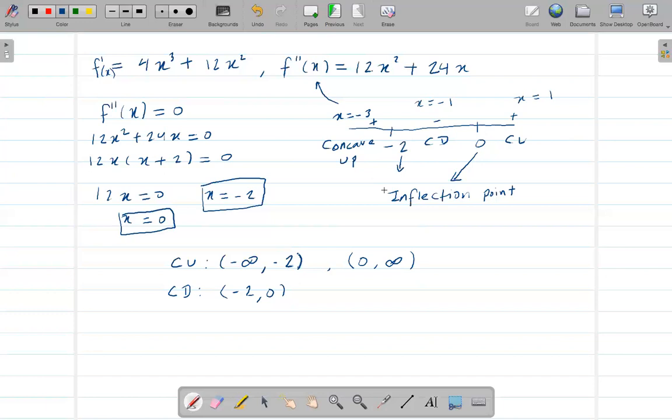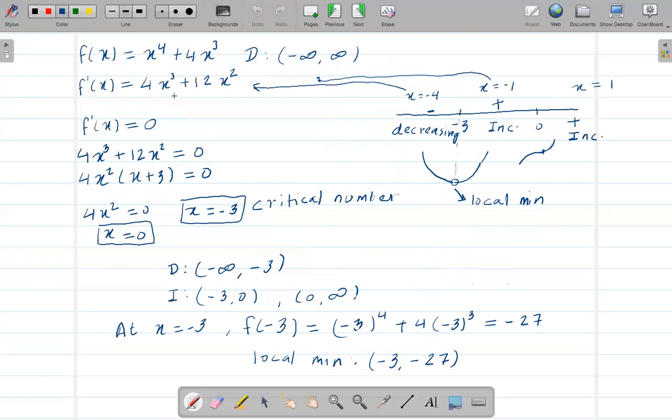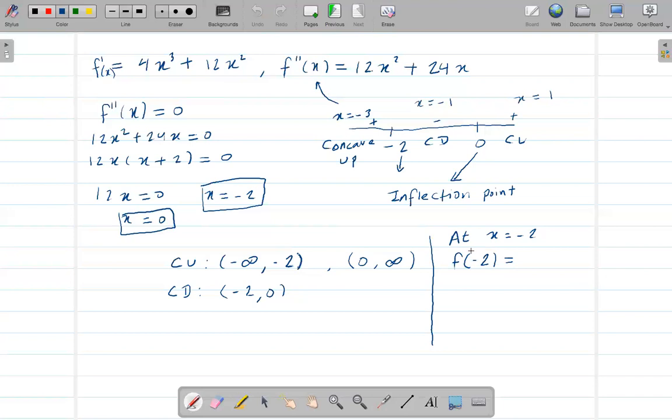So now I can find the exact points. At x equals -2, we know we have an inflection point. So f of -2, plugging into the original function, you will get -16.